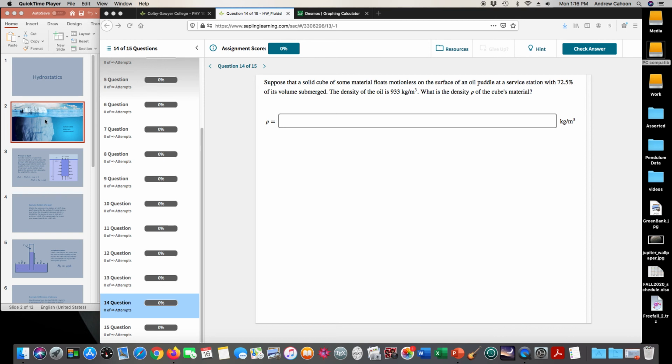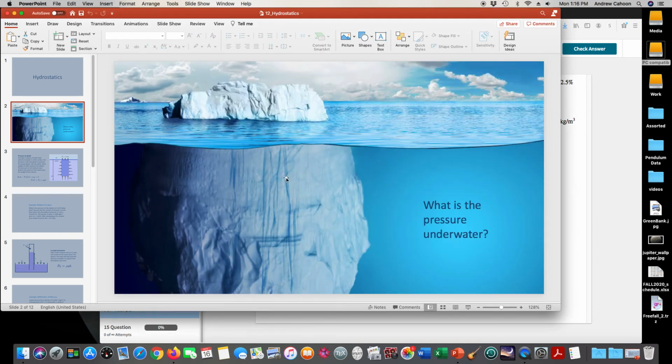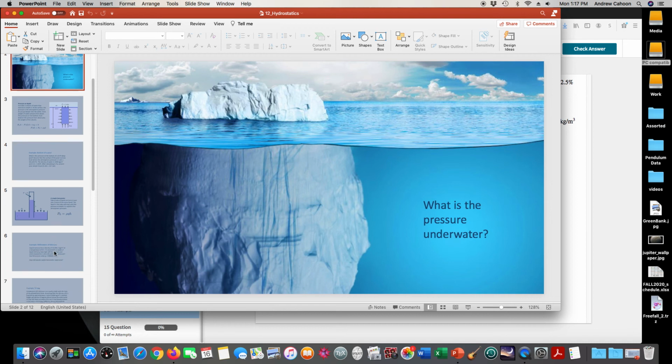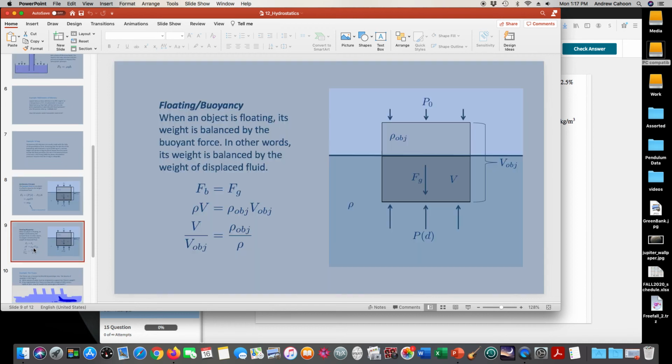So this is similar to the iceberg problem that we did in class, where about 90% of the iceberg is submerged. And the equation that we needed for that was right here, this relationship.